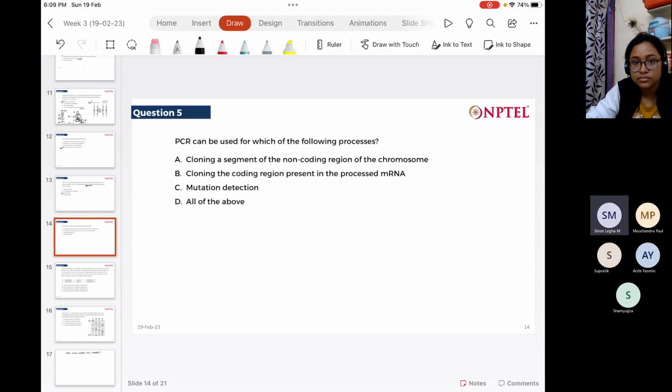All of the above. You're correct. So I think it is self-explanatory why the answer is all of the above, right? Or if it is not clear, I can explain to you guys. Please let me know if it is not clear to any one of you.